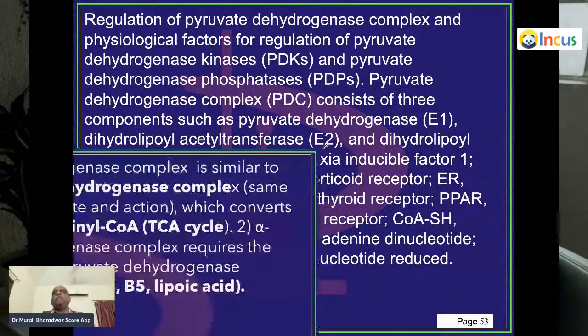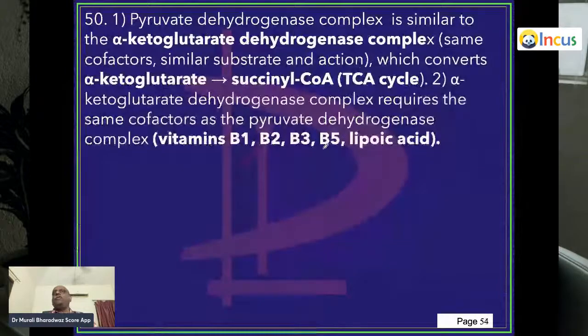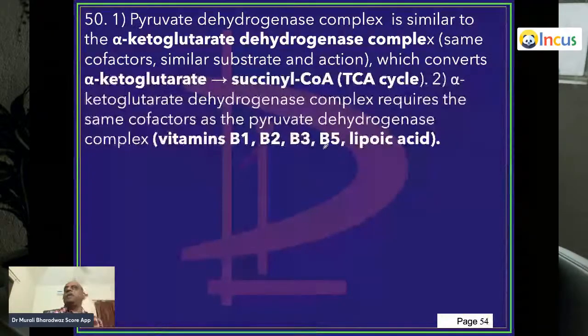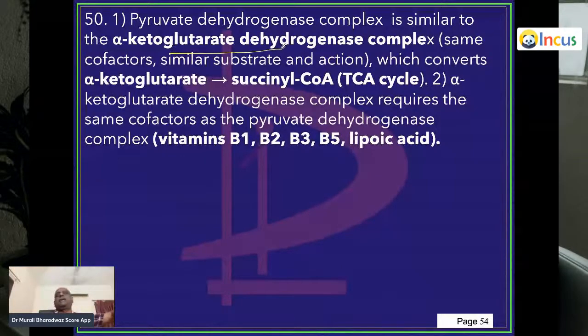So, if you look at the pyruvate dehydrogenase complex, doctor, it is very similar to one of the enzymes in the citric acid cycle, which is called the alpha ketoglutarate dehydrogenase complex. Both of them require the same cofactors like thiamine, both of them require similar kinds of cofactors. But what does alpha ketoglutarate dehydrogenase do?